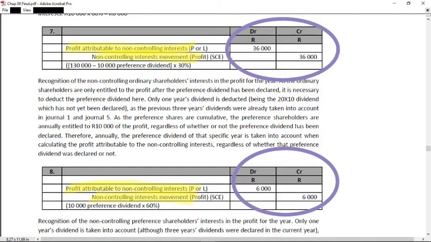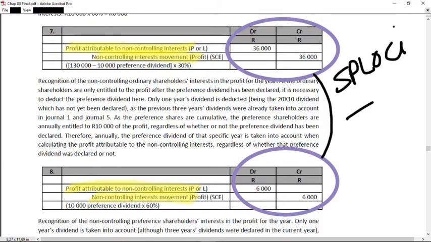So if I now have to prepare a consolidated statement of profit or loss, how much will I present at the bottom section as profit attributable to NCI? It will now be these two amounts added together, and the total profit attributable to NCI will be 42,000 Rand. So that's also what you achieve through writing these consolidation journal entries.